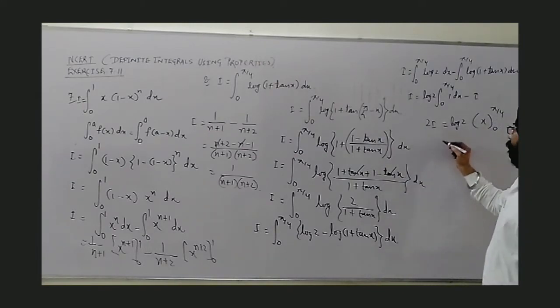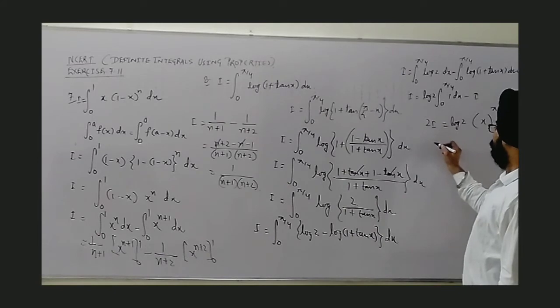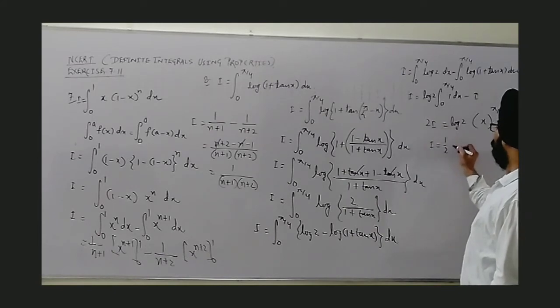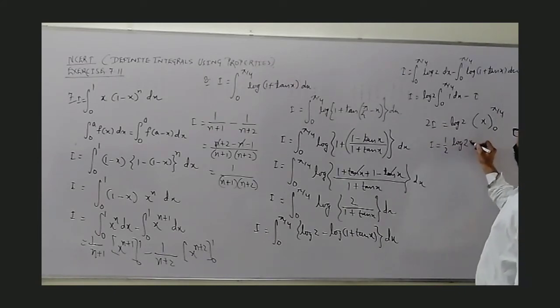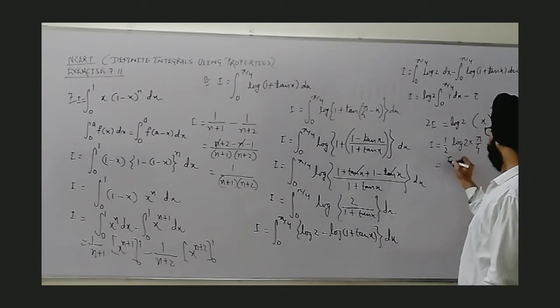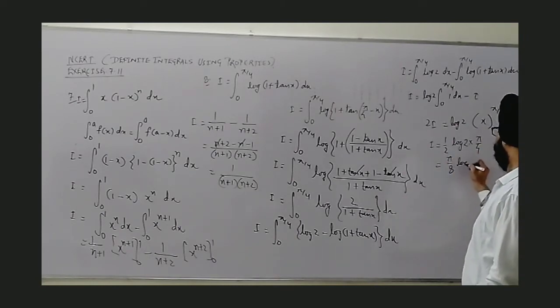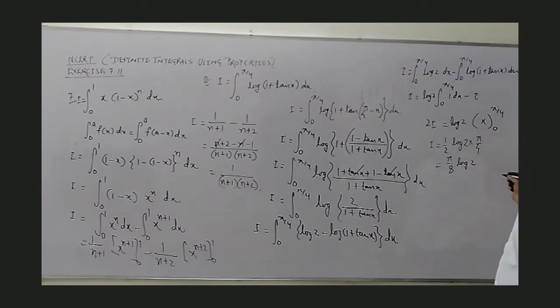Now 2 shifted to the right hand side we get half of log of 2, from the bracket we get pi by 4, and finally we have pi by 8 log of 2 as the value of the integral.